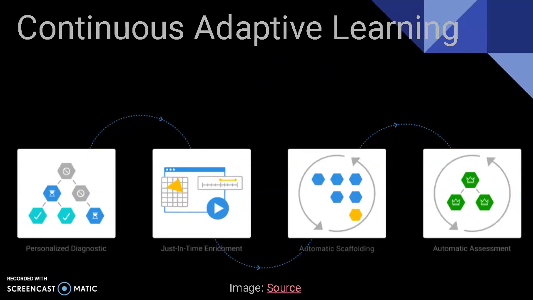ScootPad is pushing this very innovative concept of continuous adaptive learning. What that is, is constant adapting to help enrich, auto scaffolding, and personalized mastery in every concept, providing students with multiple ways to grow towards mastery.